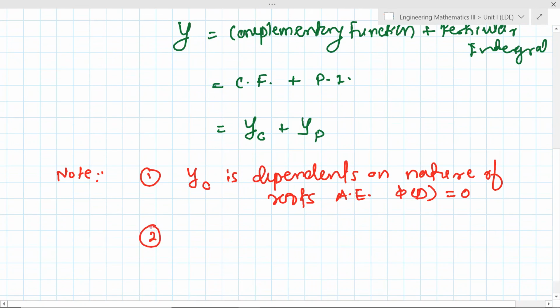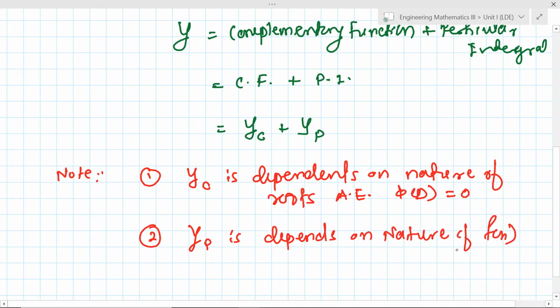And the second thing is that yp depends on the nature of f(x). Of course, phi of D is also involved in yp. We want phi of D also; without phi of D, we cannot find yp. But the role of f(x) is very important.